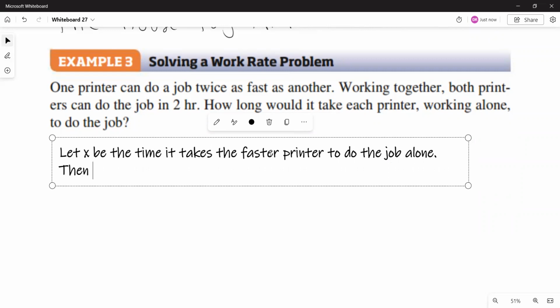Then 2x is the time it takes the slower printer to do the job.